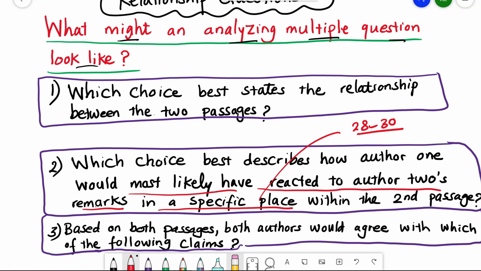You got the point. Remember the question: which choice best describes how the author of passage number 1 would most likely have reacted to any remark the author of passage number 2 made? You could be provided with specific lines, as I said here.